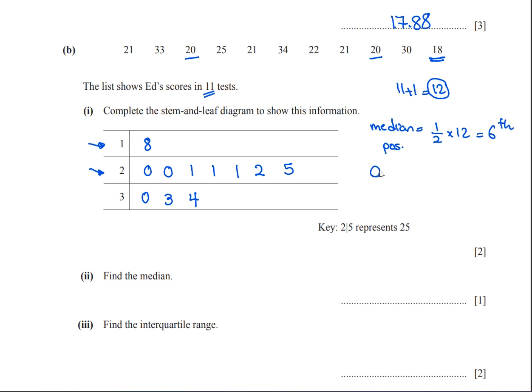By the way, how to get the first quartile if you need it? 1/4 multiplied by 12 equals the third position. How to get the third quartile if you wanted? 3/4 multiplied by 12 equals the ninth. So if the number is odd, add 1 to get an even number, 12. If you multiply it by half, you get the median position. If you multiply it by 1/4, you get the first quartile position. If you multiply it by 3/4, you get the third quartile position.